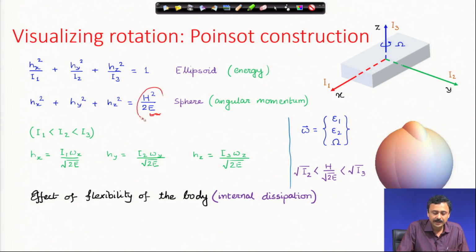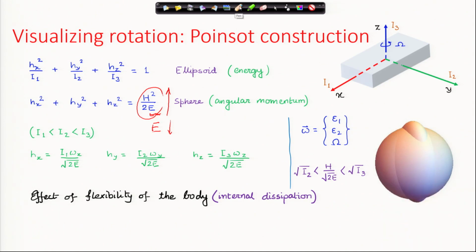If it damps out, what is going to happen to the radius of the sphere? The radius of the sphere is going to increase. When energy goes down, the radius is going to increase. And what is going to happen if the radius increases? You can see from here, wherever we start from, if the radius starts increasing, eventually it is going to come to this kind of thing, and finally this is the final state where the sphere is going to be tangential to the ellipsoid.